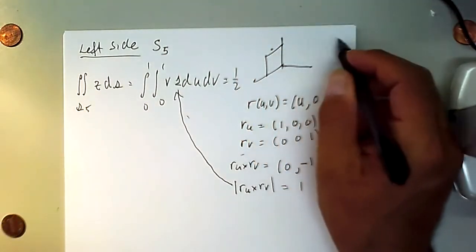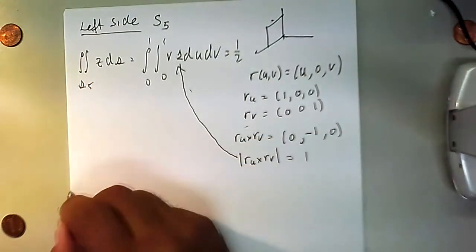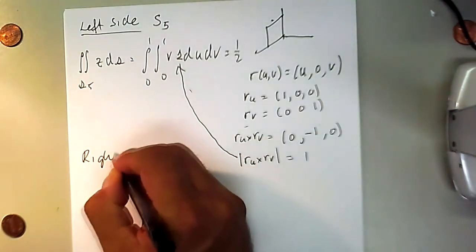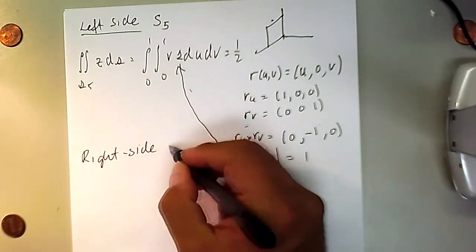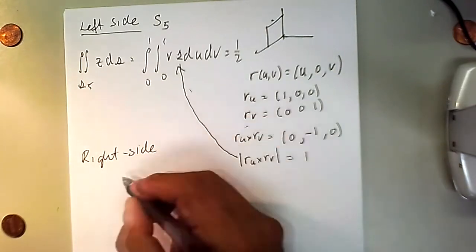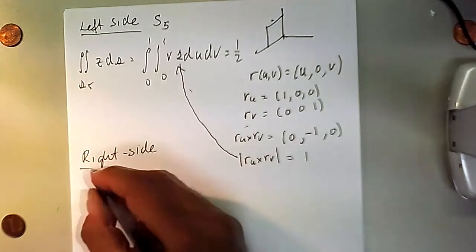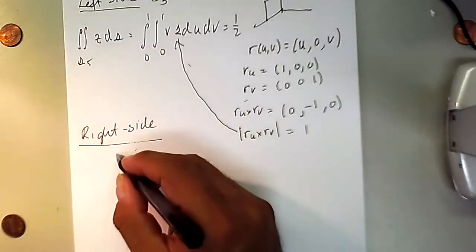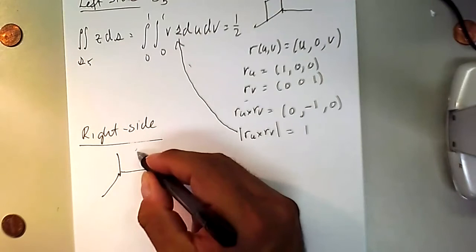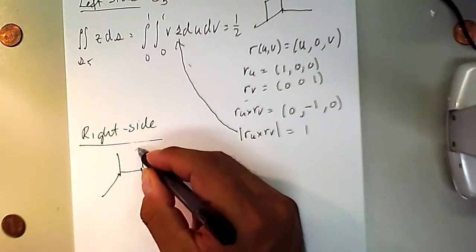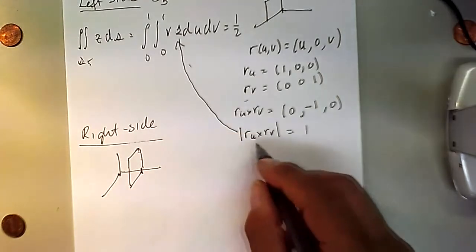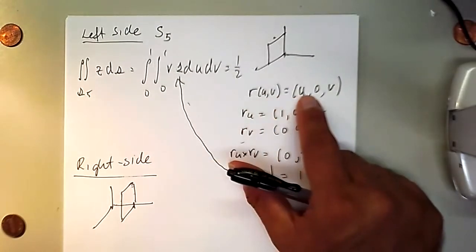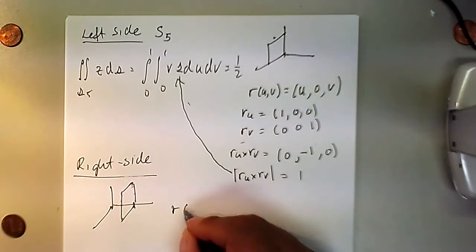And then we have the right wall, the right side, I guess. So we have to parameterize the right side. Let's write down the parameterization.